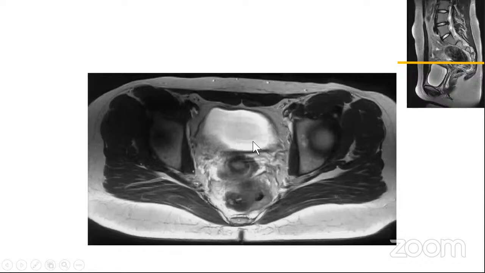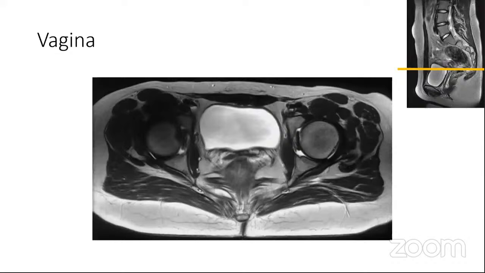As we come down inferiorly, the round shaped cervix suddenly changes. This is the point where the cervix continues as the vagina. So the cervix ends and the vagina starts at this line. A flat structure in the center would indicate vagina, and this is one of the ways of identifying vagina from cervical tissue.